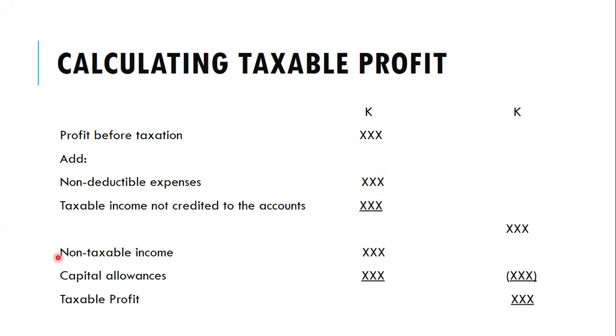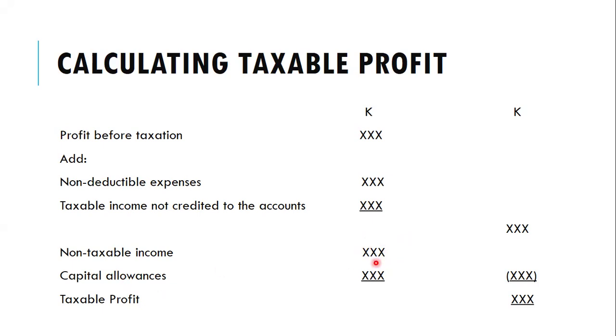Then you deduct non-taxable income, which is obviously profit on disposal of non-current assets. Then you also have incomes that are subject to withholding tax. We've got the royalties, the rental income, the interest, and all these other incomes that are subjected to withholding tax. You add them back.